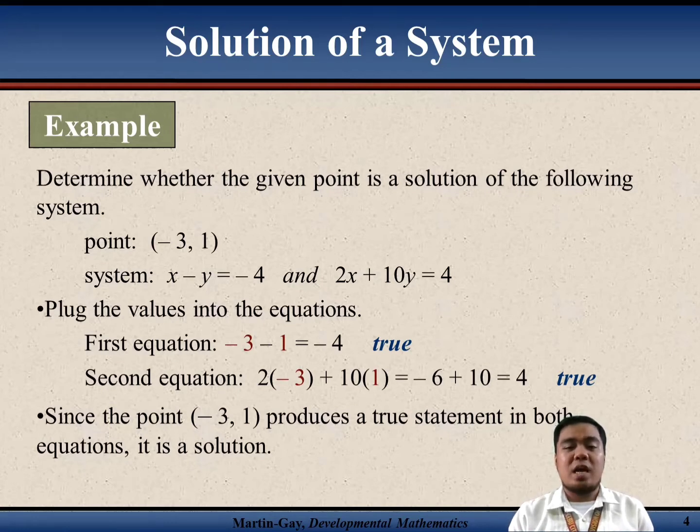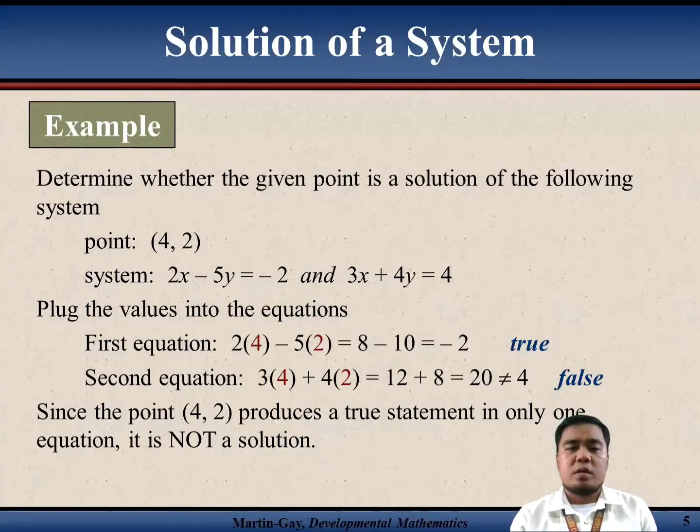So 4 is equal to 4. Correction: -3 as the value of x and +1 as the value of y. As we have noticed, the ordered pair satisfies the two equations. So I can say that -3 and 1 is the solution.